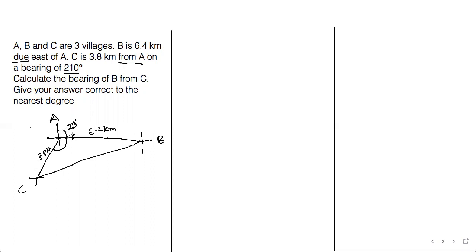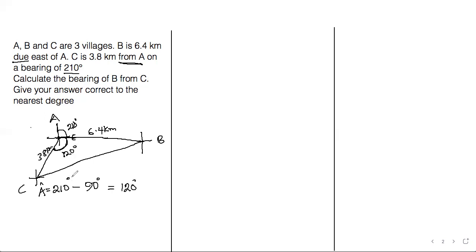So this angle at A is going to be 210 minus 90 degrees, which gives 120 degrees. So we know that this angle is 120 degrees.